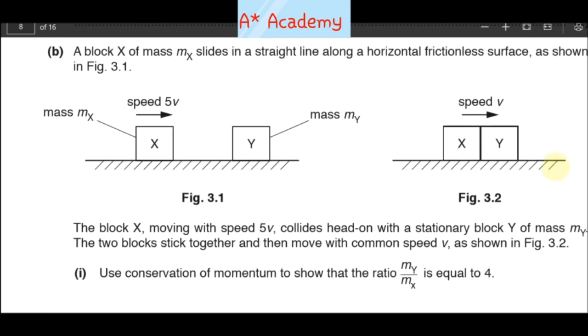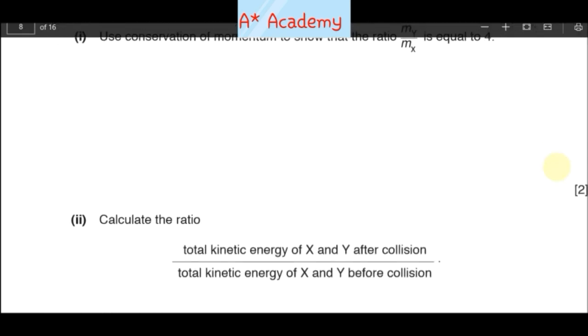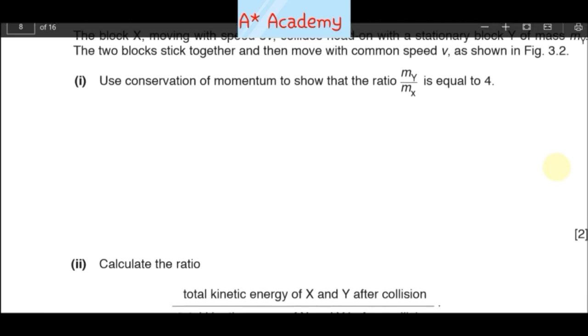How do we do that? Well, the principle of conservation of momentum says that for an isolated system of interacting bodies, the total momentum in any given direction is constant. This means that momentum before collision is equal to momentum after collision, provided that the system is isolated. There are no external forces acting on the system.